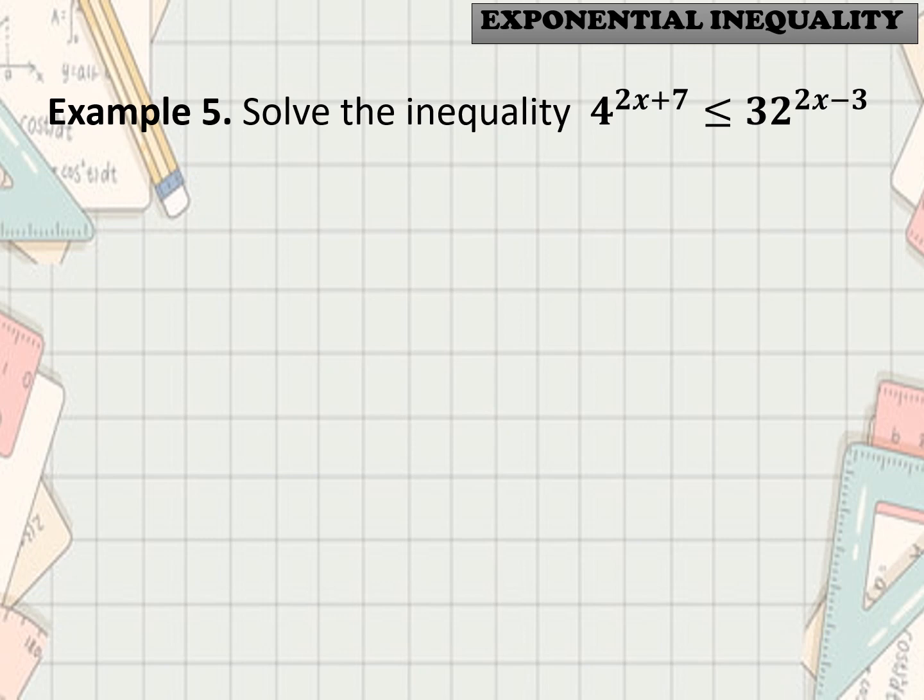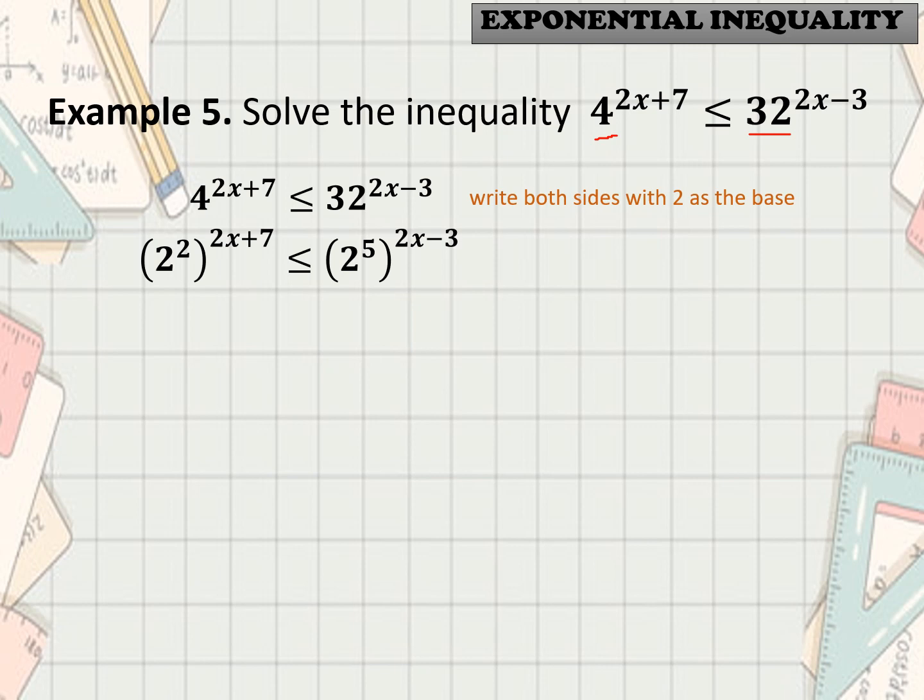Okay, next example, we have 4 raised to 2x plus 7 is less than or equal to 32 raised to 2x minus 3. Okay, so first step, kailangan pareho sila ng base. Si 4 tsaka si 32, gawin natin silang base 2. So, si 4, pwede natin siyang isulat as 2 squared or 2 times 2 is 4.